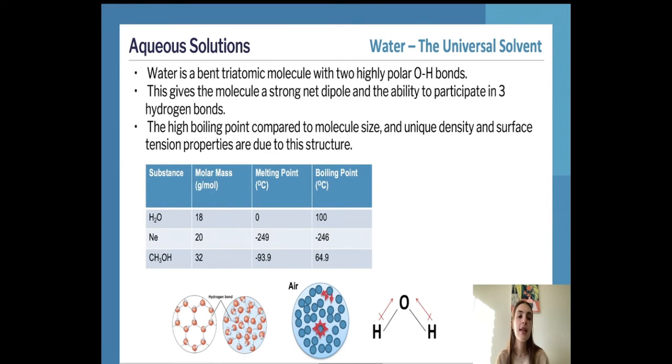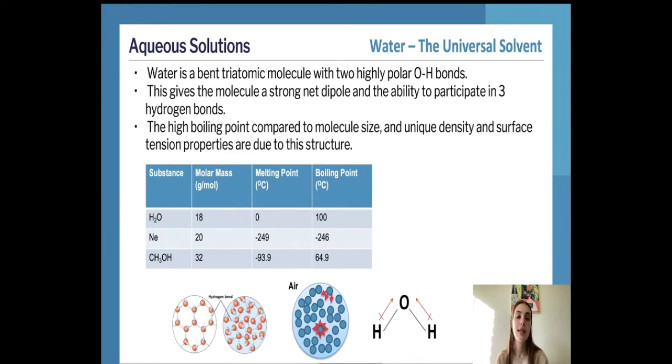We can then consider something like methanol, which has a molar mass of 32. We can see methanol has a hydrogen bond because of that O to H, and it has a lot larger molar mass, so it's also going to have larger dispersion forces. However, it has a much lower melting point and a much lower boiling point than water, and this is because water has 2 locations of hydrogen bonds, whereas methanol only has 1 location of a hydrogen bond.